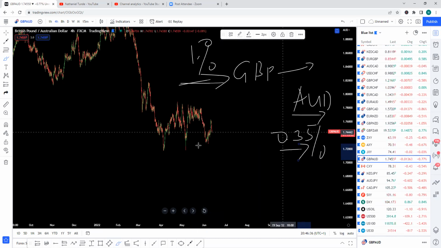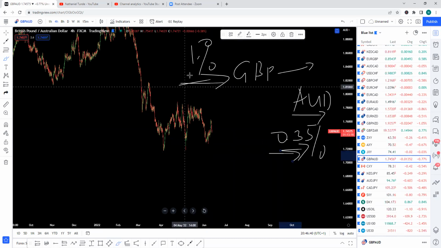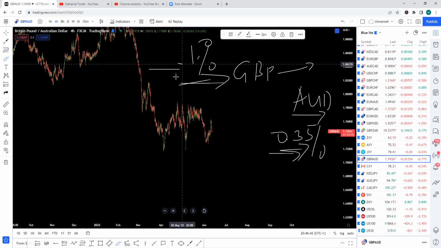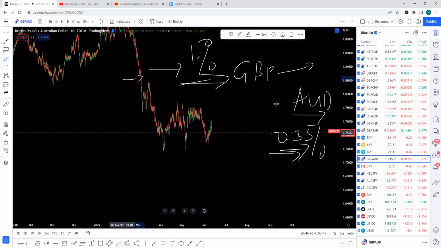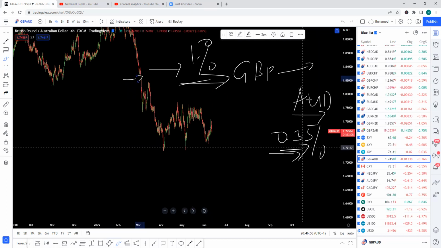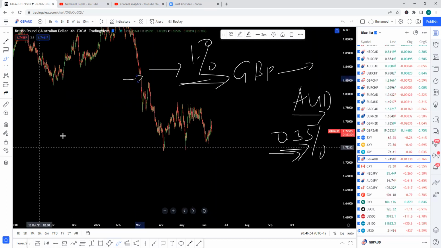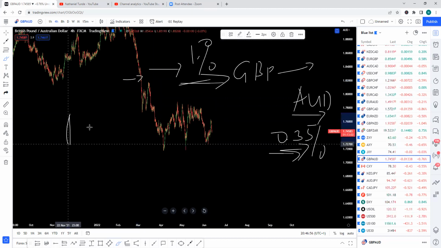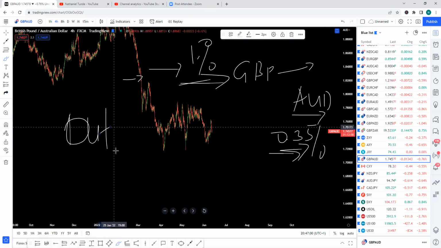All right. The inflation this one is facing is due to energy crisis. The inflation this one in Britain is facing is due to energy crisis. You understand? So the inflation happening right now in Australia and the United Kingdom is not because of an increase in output.